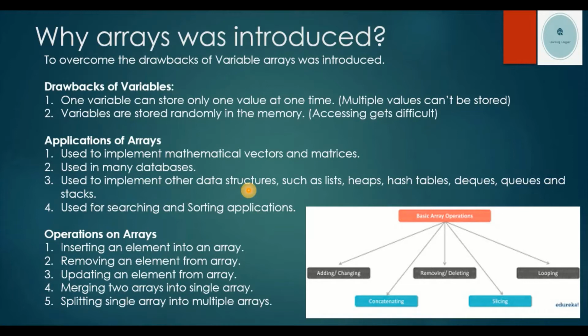Suppose I have 2 or more arrays, we can merge them into a single array. Merging is nothing but joining or clubbing. The reverse of the process discussed in step 4 we can do in step 5. That means from a single array we can divide it into multiple arrays. We call it slicing also. So these are the 5 operations that we can perform on arrays.